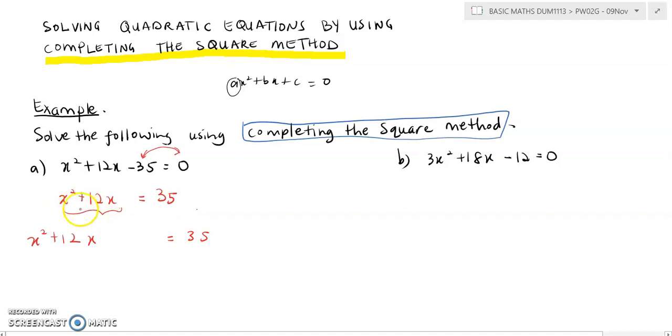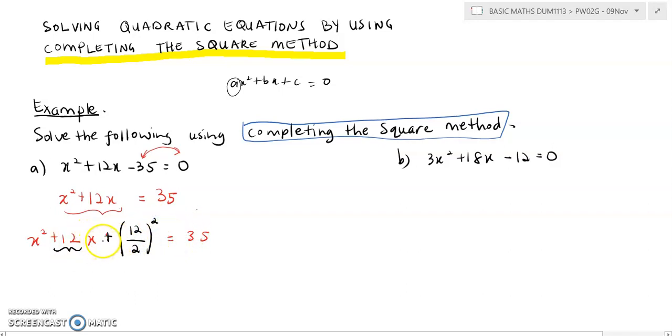To complete the square of x squared plus 12x, we need to add the coefficient of x divided by 2, to the power of 2.